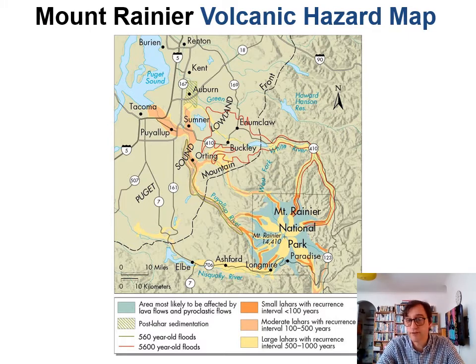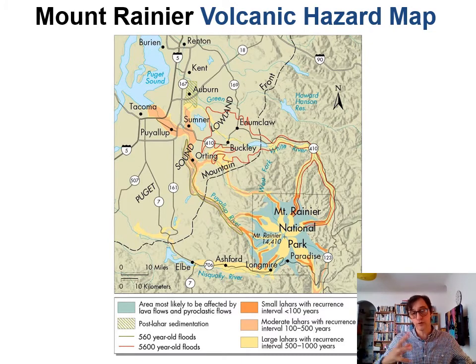Here, also in the United States, in Washington State, related to Mount Rainier, the active volcano in the Cascade Mountains, here's a hazard map produced by the United States Geological Survey, the USGS. And the blue, for example, nearest to the mountain itself, is for lava flows and ashfall. But then further away down these river valleys, rivers flow out radially from volcanoes often.